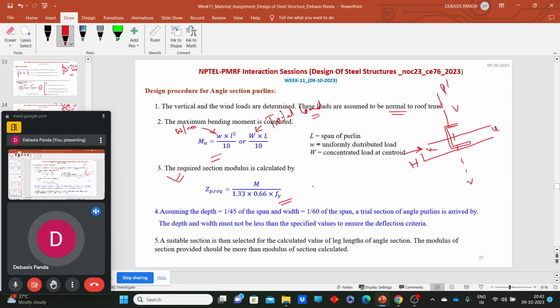This is an empirical formula. So on the next step we need to assume some depth, like 1 by 45, and width 1 by 60. These are the general considerations of designing this section. Then with respect to that Zpz, depth and width, we need to select a suitable section.